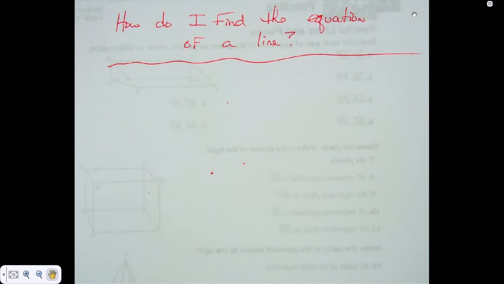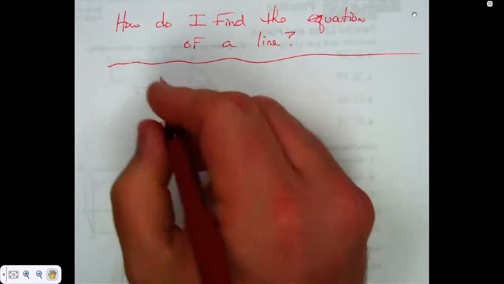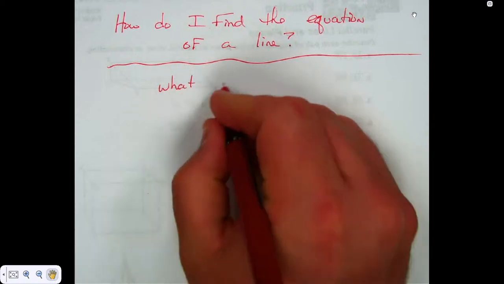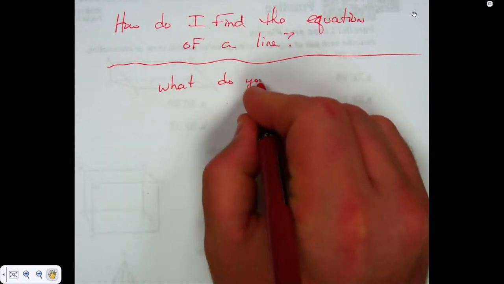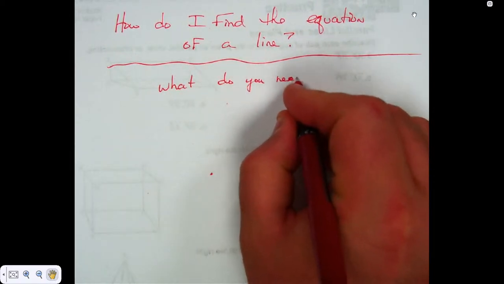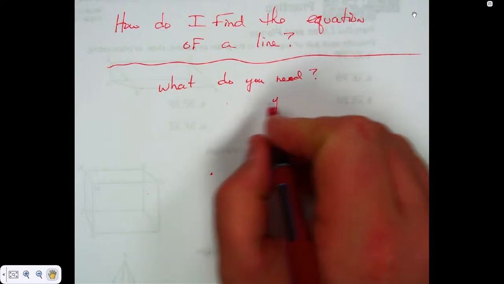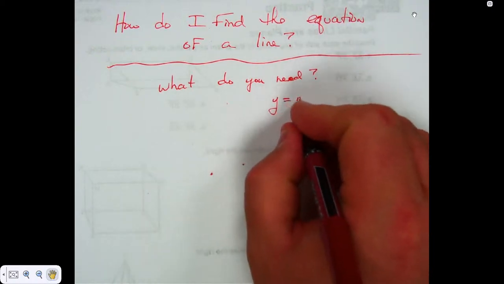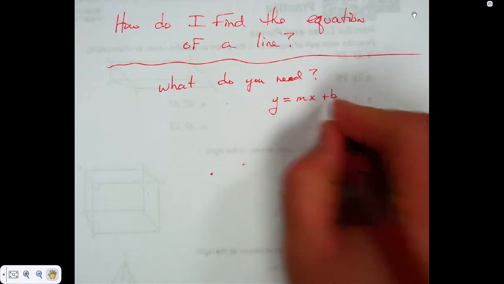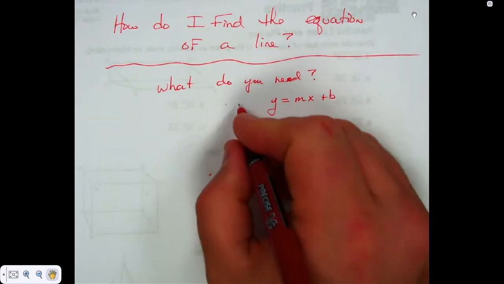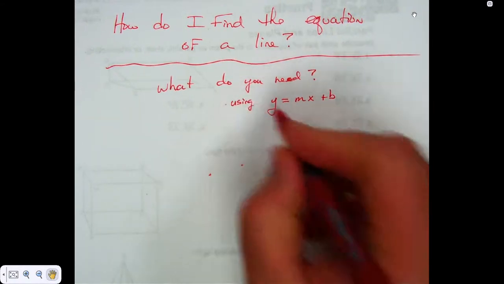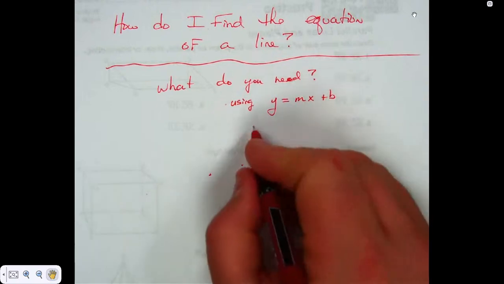How do you find the equation of a line? First, you got to figure out what you need. If you want to use slope-intercept form, what would you need?